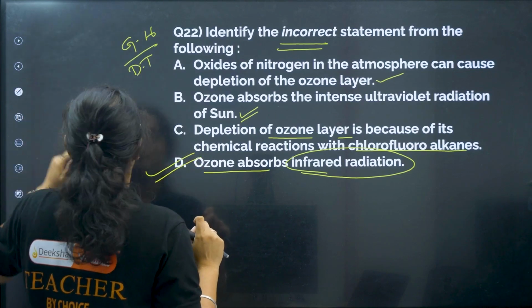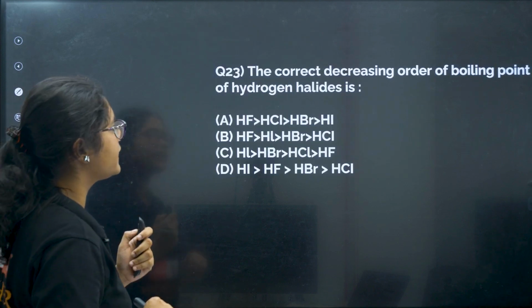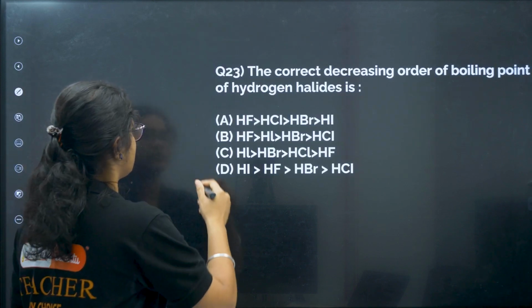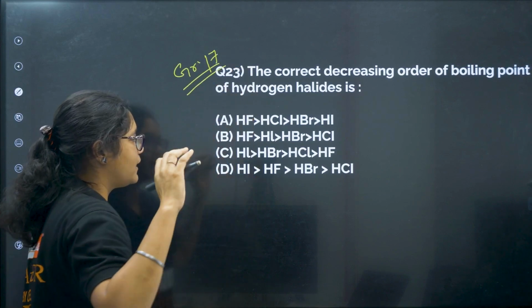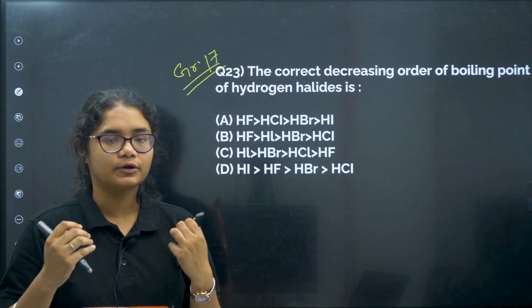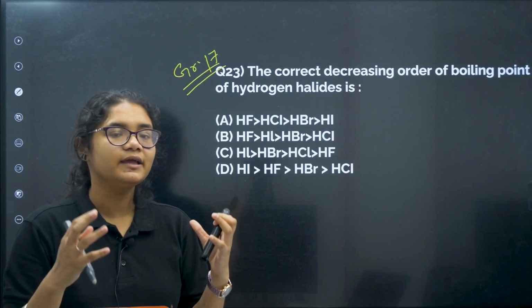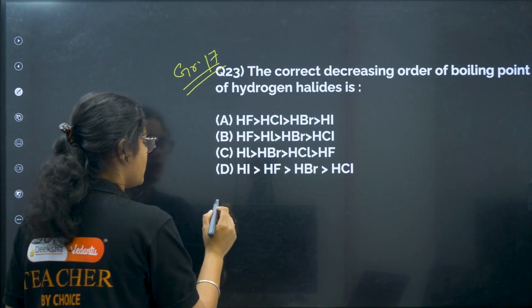Now let us see the next question. The correct decreasing order of boiling point of hydrogen halides. We have reached group 17, and as we go down the group, the mass increases, van der Waals forces increase, and that is why the boiling point will increase. So what is the expected order here?